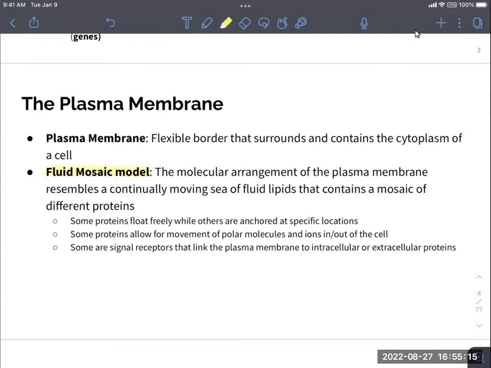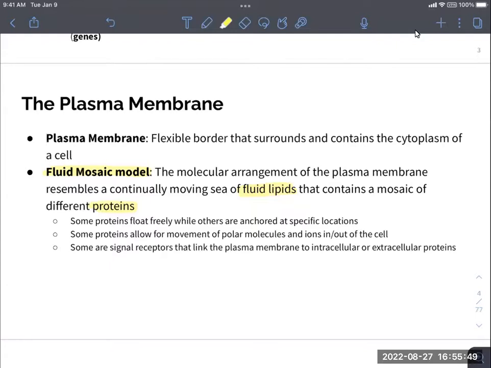So within this fluid membrane, we have lipids that help make up this membrane, along with many different proteins. Some of the proteins are freely floating, while others are anchored in specific locations, and other proteins move around the membrane, and it allows molecules and ions to go in and out of that cell.